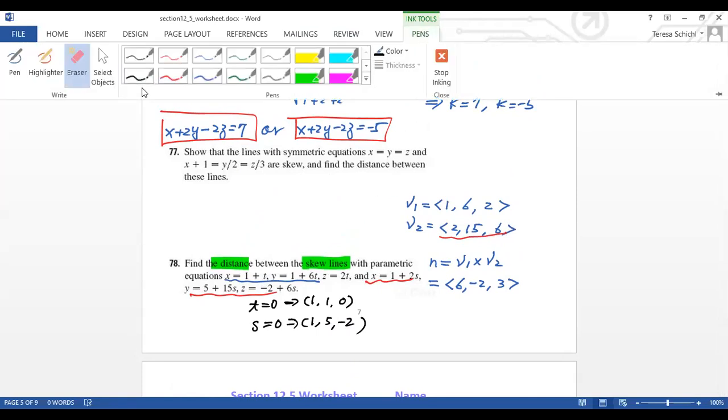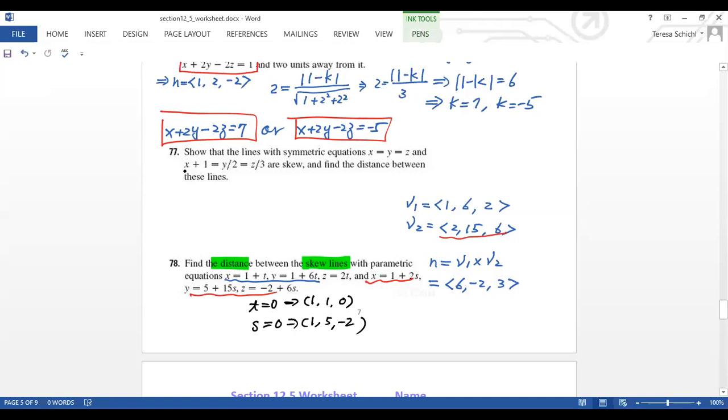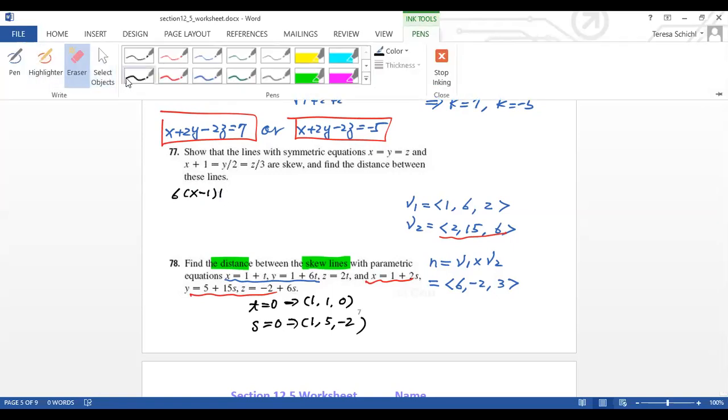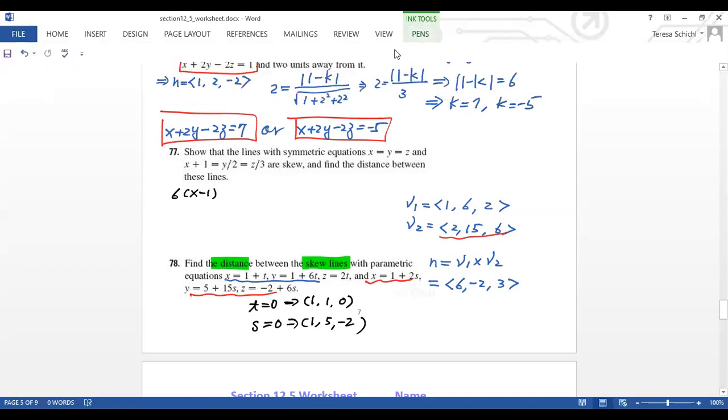The first plane will be 6 times x minus 1, minus 2 times y minus 1, then plus 3z equal to 0.